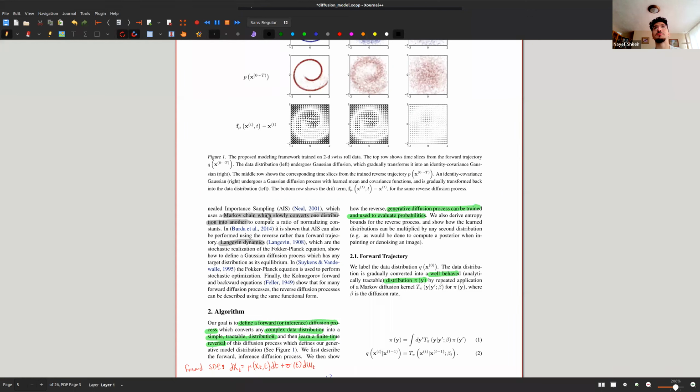So you construct a Markov chain from one distribution to another, move from one to the other in some space, and then use weightings on the sequence of the Markov chain. But I don't think it's super important for this paper. They just use it once.